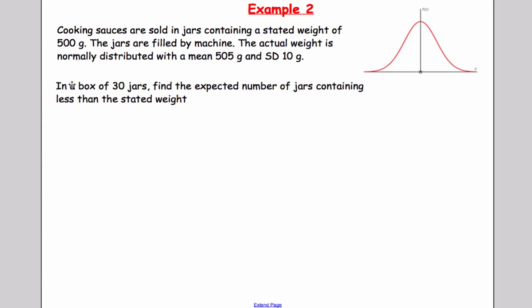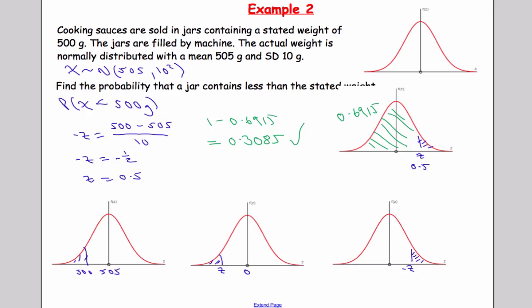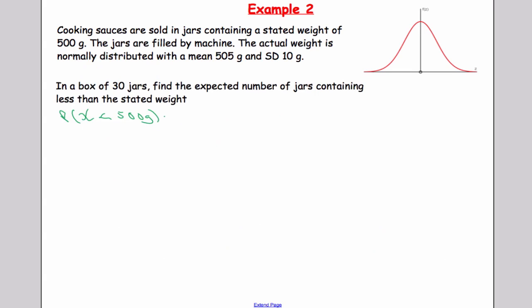Okay, next part of the question. It says, in a box of 30 jars, find the expected number of jars containing less than the stated weight. Well, we already know that the probability that X is less than the stated weight, which is 500 grams, is 0.3085.